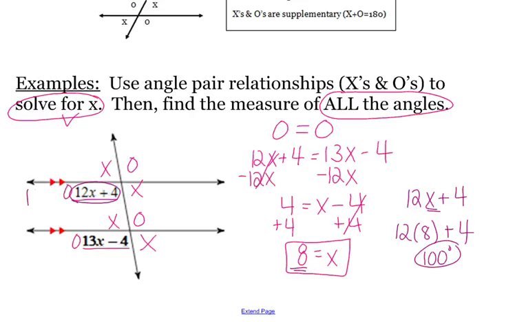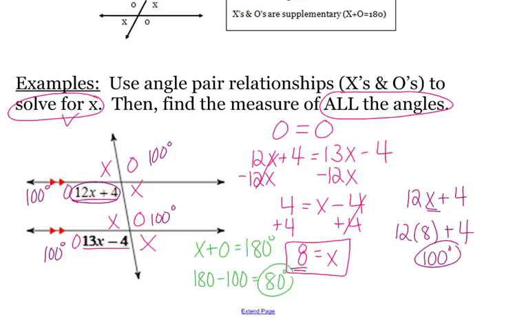So all of my O's are 100 degrees because all of the O's are equal. Now let's find x. What can you tell me about x plus O? X and O are supplementary, they give you 180 degrees. So if we subtract 100 degrees, we find that all the X's are 80.